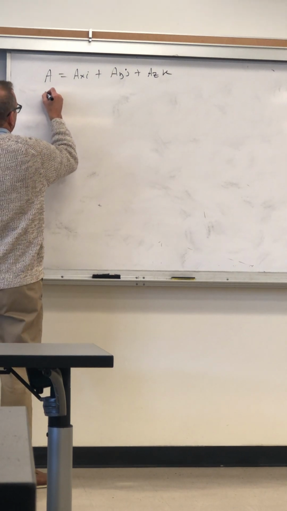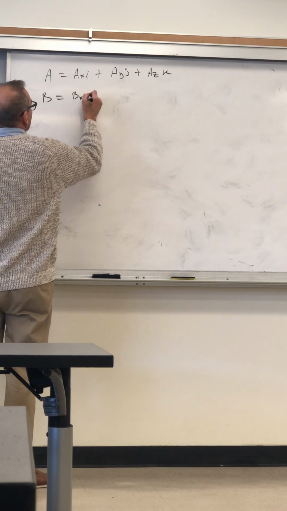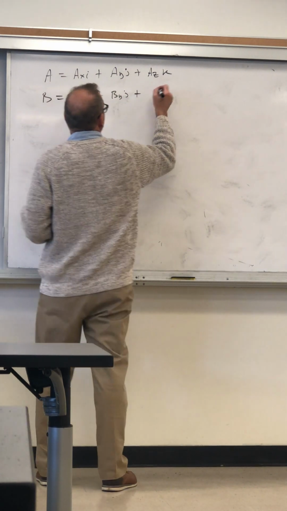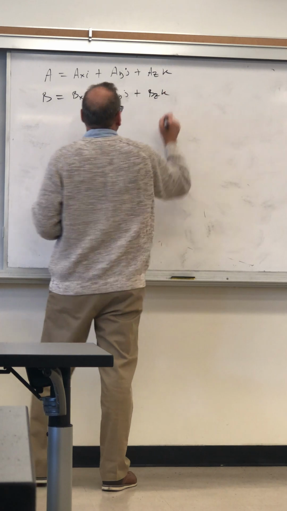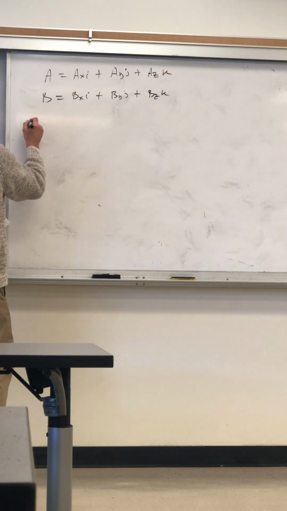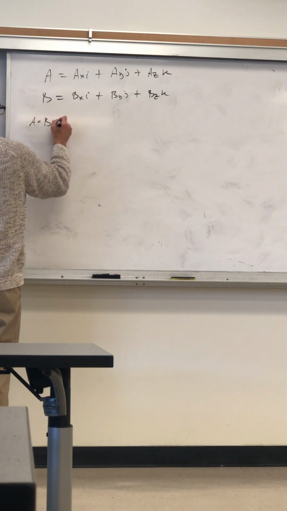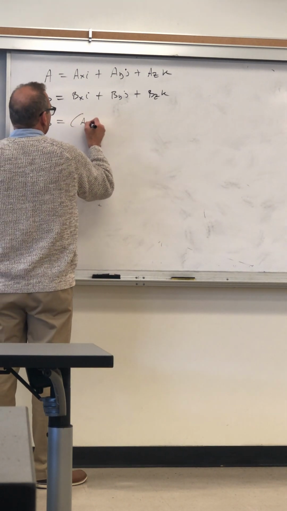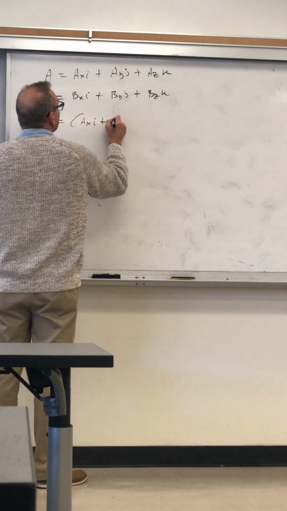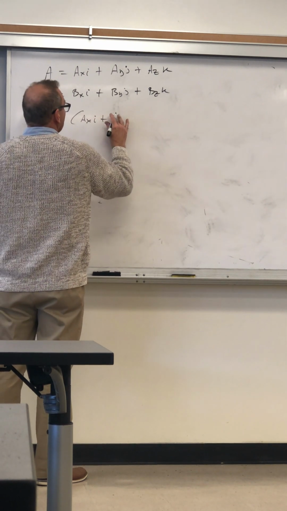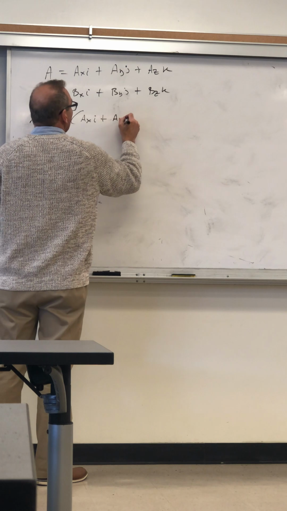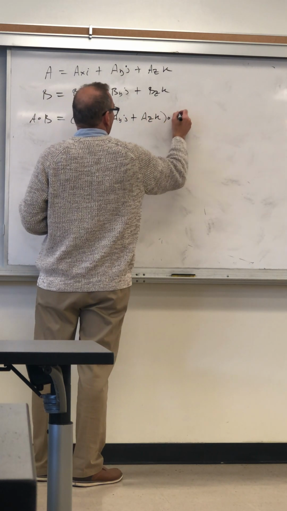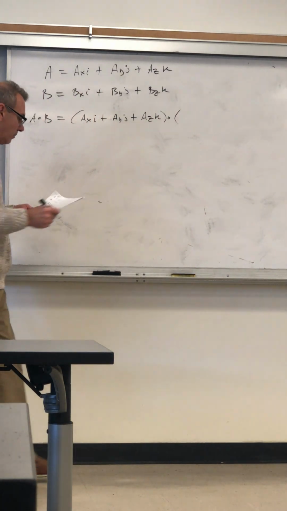We have BX I plus BY J plus BZ K. A dot B is AX I plus AY J plus AZ K dot the B vector.